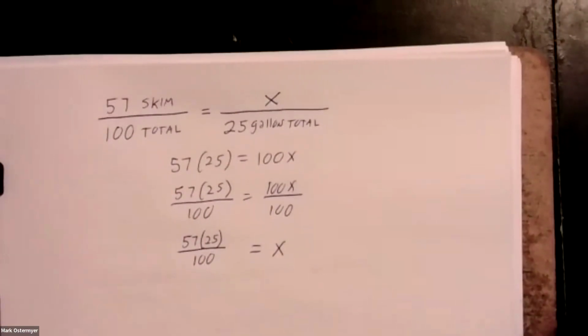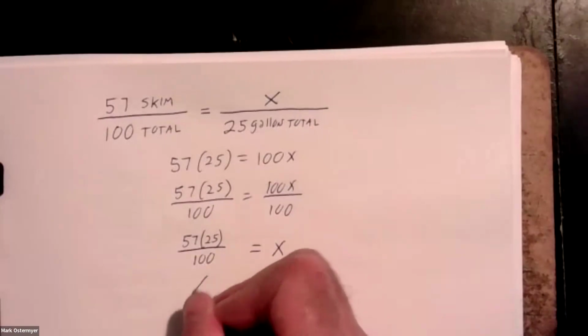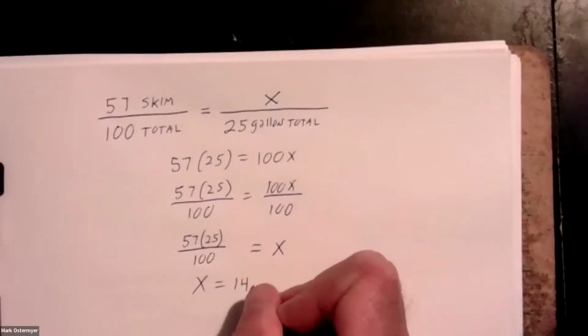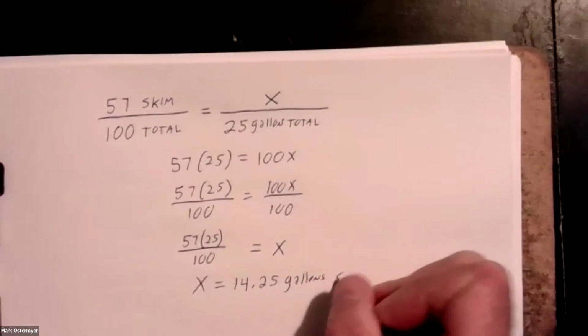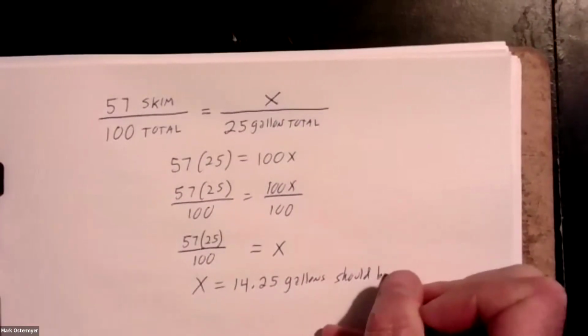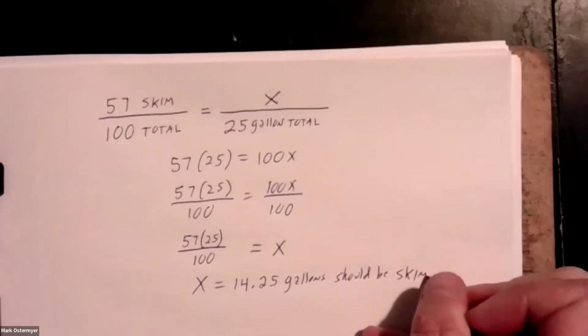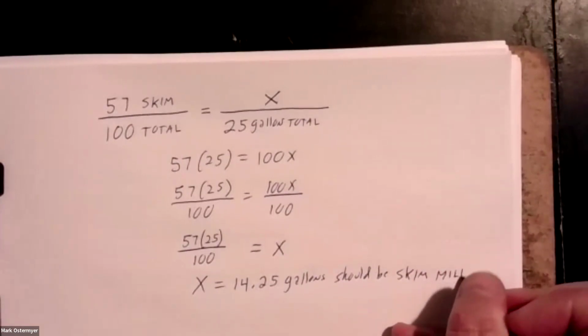You can dial it up on your calculator, and you come up with x being equal to 14.25 gallons should be skim milk. You got your answer.